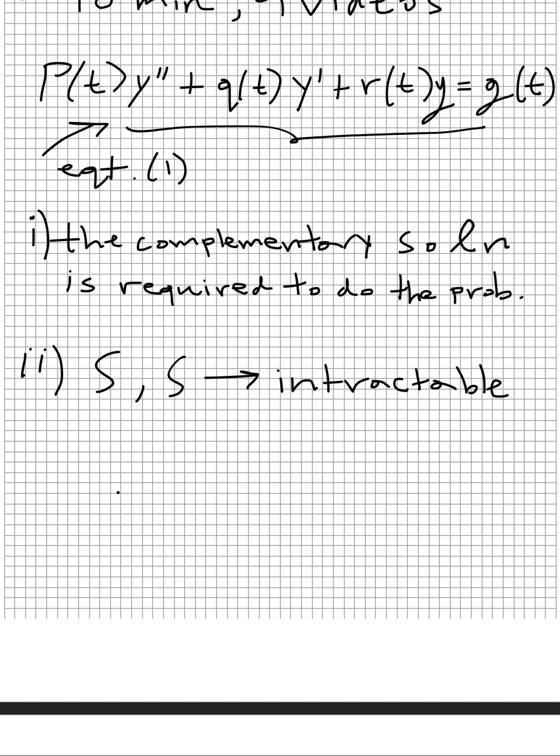With the remaining 5 minutes for this video, we're going to derive the formula for variation of parameters, and we'll start off by acknowledging that the complementary solution to equation 1 is given by the following. The complementary solution is written y sub c of t, set equal to c1 y1 of t plus c2 y2 of t.